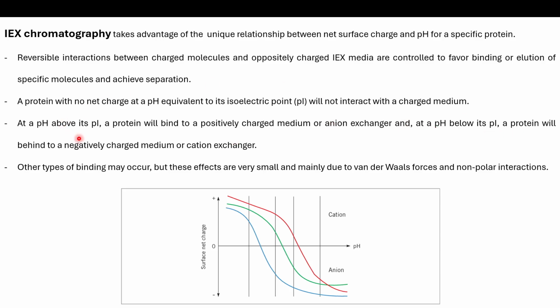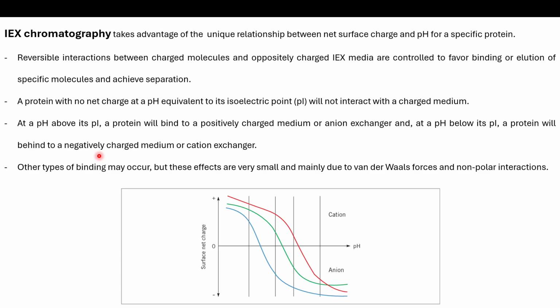Okay, but at a pH below its isoelectric point, what is happening? A protein will be having positive charge. So positively charged protein residues will be binding to the negatively charged matrix or cation exchanger. There's sometimes confusion between these two, but in case of cation exchange chromatography, the matrix is negatively charged because it is exchanging the cations there, interacting with the cations.